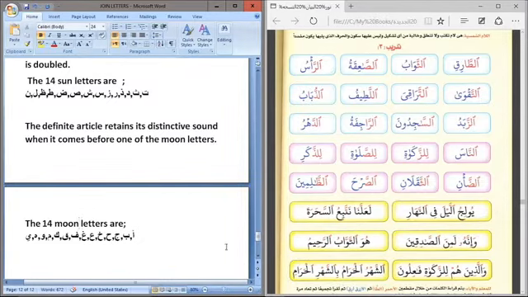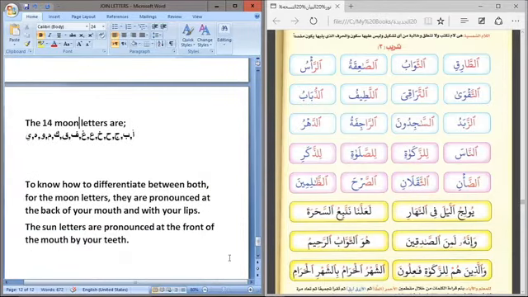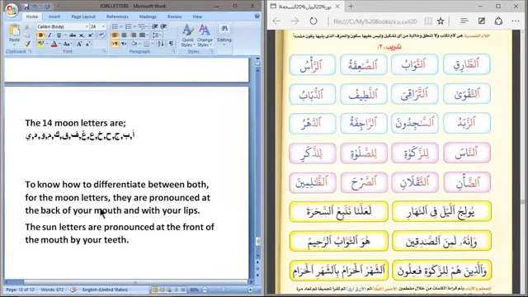So how can we differentiate between the sun letters and the moon letters? I've tried to draft out a possible way. For the moon letters, they are pronounced at the back of your mouth and with your lips. Examples: Hamza, Ba, Ha, Kha, Ain, Ghain, Fa, Qaf. You notice that we use the back of the mouth in pronunciation and also the lips.